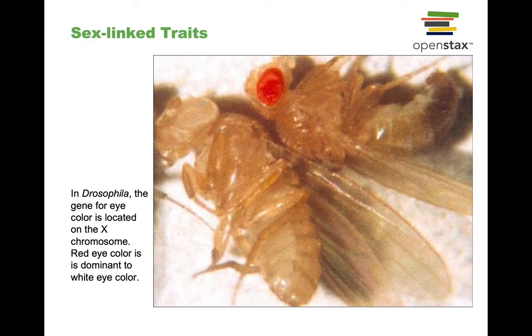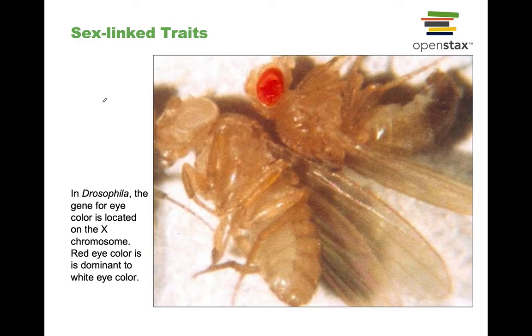Some of them have white eyes, so they don't have red eye color. I want to emphasize here that just because something is dominant doesn't mean it's more abundant. Don't mistake a dominant allele for abundance or strength. All a dominant allele means is that it can be expressed both in a homozygous dominant individual and in a heterozygous individual. That's all it means.